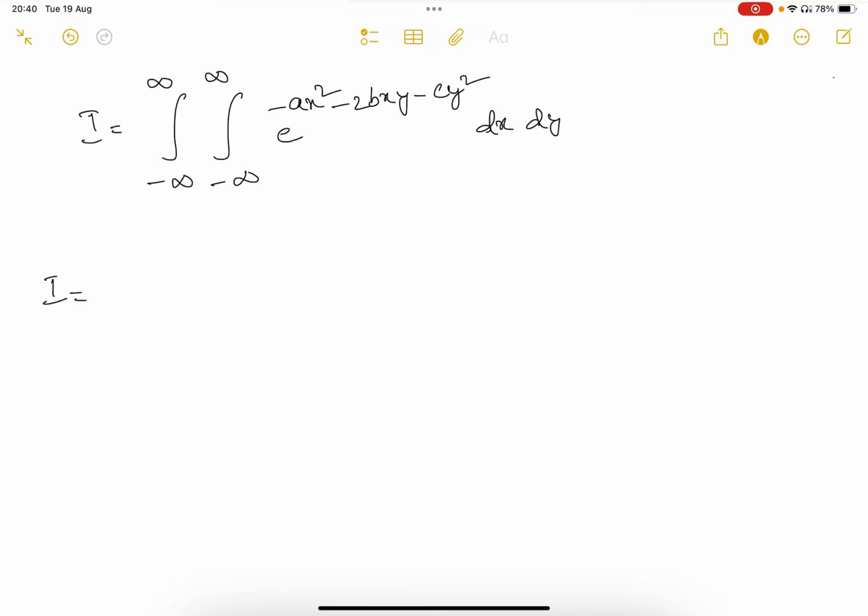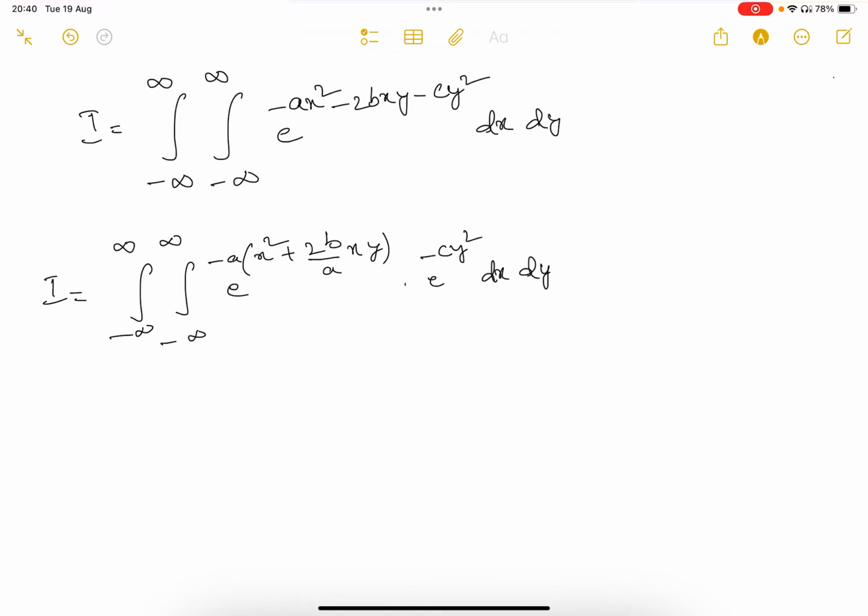I equal to the integral minus infinity to infinity, integral minus infinity to infinity. Let's separate this out as e to the power minus a times (x² plus 2b/a xy) times e to the power minus cy² dx dy.